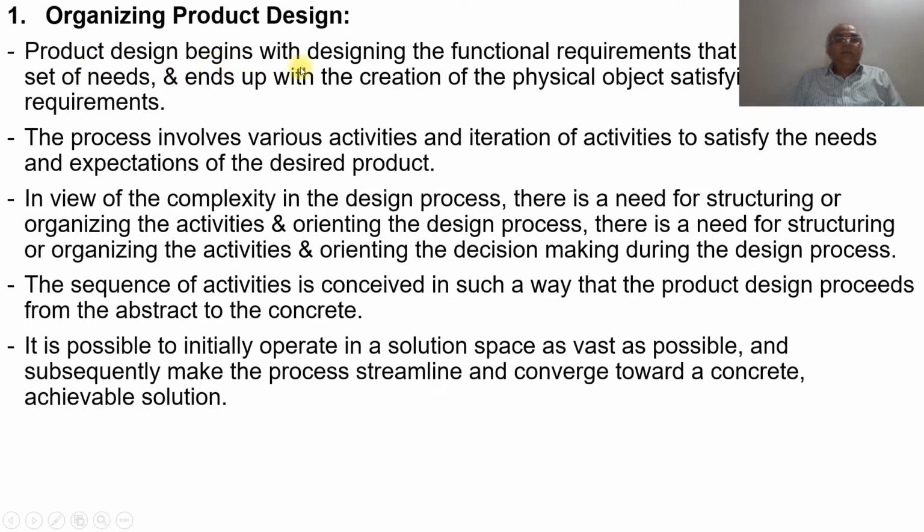So what are all the functional requirements we have to design, which satisfy the given set of needs and end up with the creation of a physical object? That means you are trying to create the object which satisfies the functional requirements.